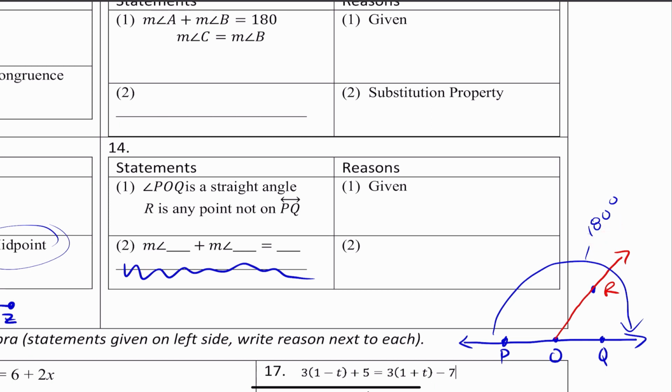Well, we can see that, okay, the measure angle POR plus the measure angle ROQ is equal to 180 degrees, right?